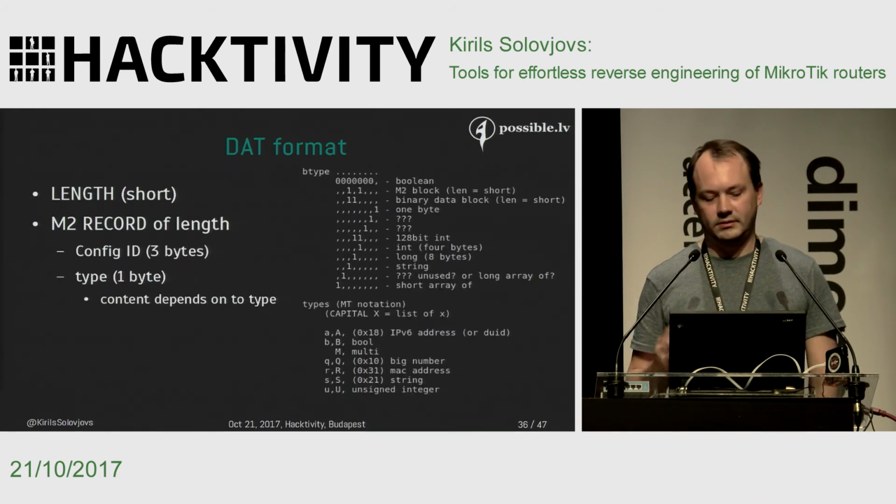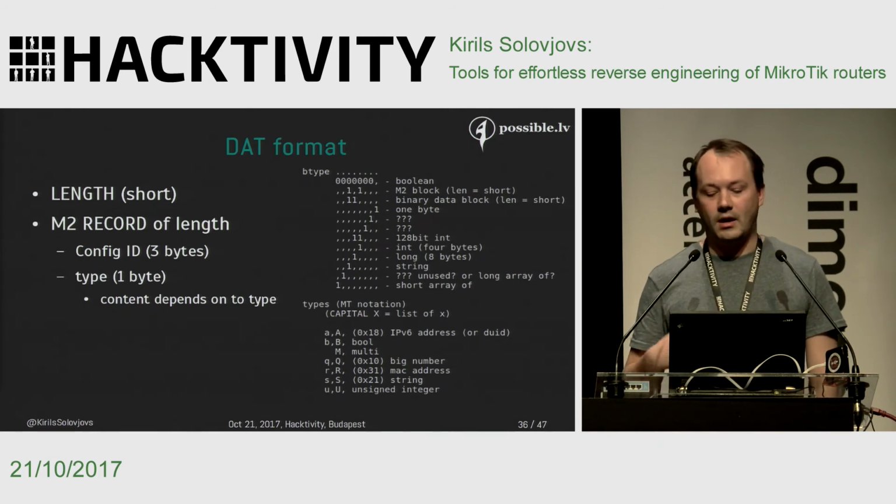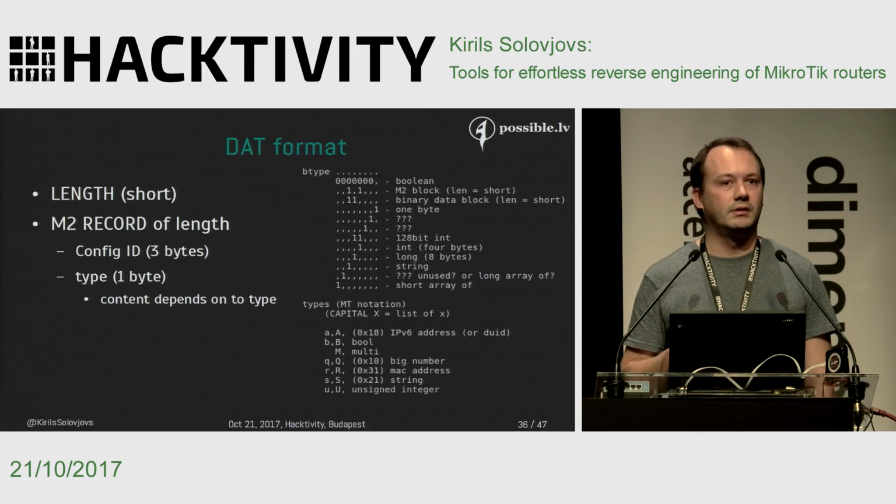That format is quite easy. So there's the length of the section, and there's a record. It contains config ID and type. I will talk about it a bit more when I show you the tool to actually parse those files.